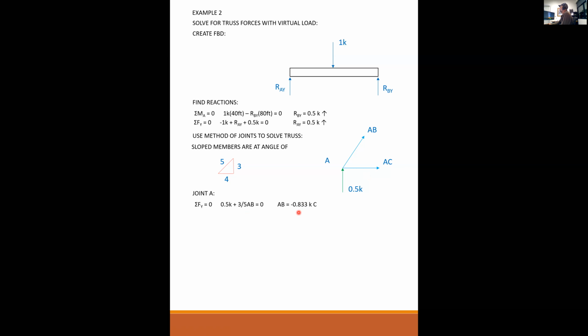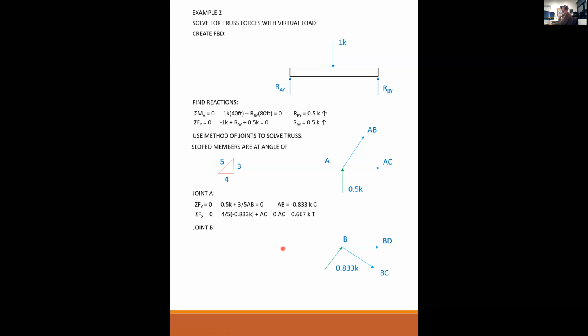So AB is minus 0.833 kips, negative, so that means this is actually in compression. Sum the forces in the X, and in the X direction, there's no load, but I have going to the left 4/5, the horizontal component of minus 0.833 that we just found, plus AC pulling to the right equals 0. Therefore, AC equals 0.667 kips in tension.